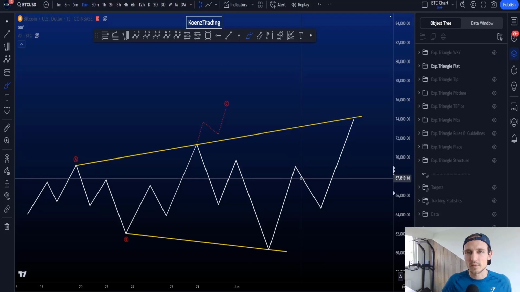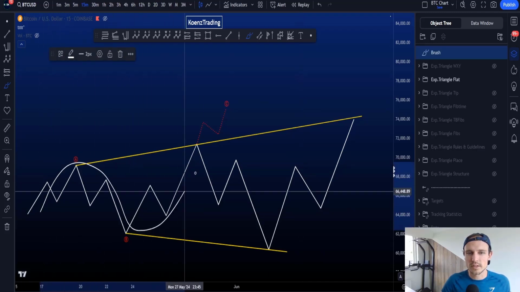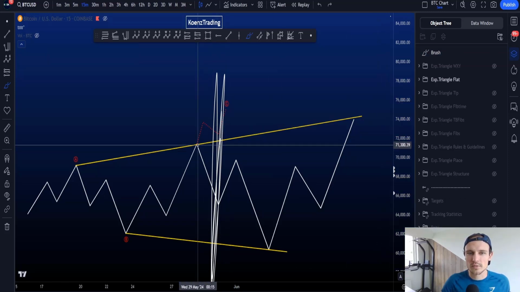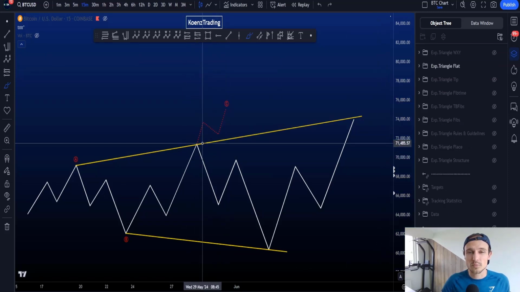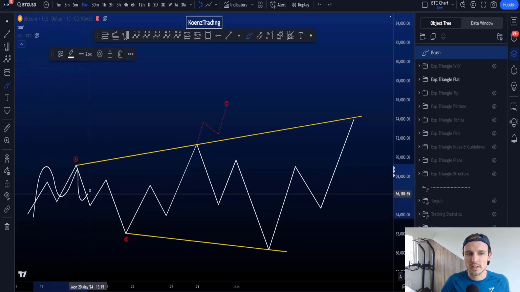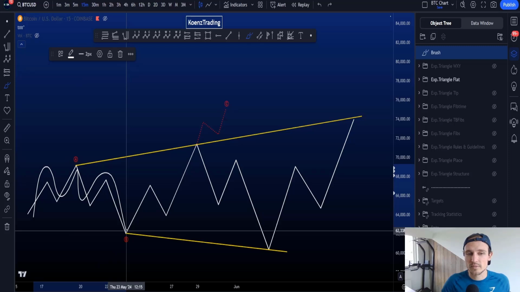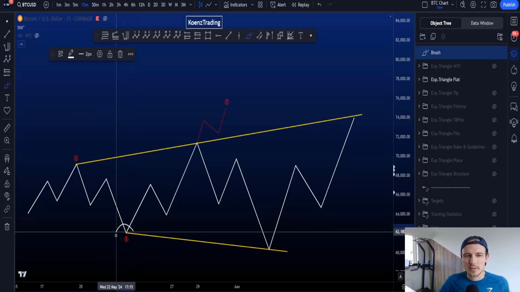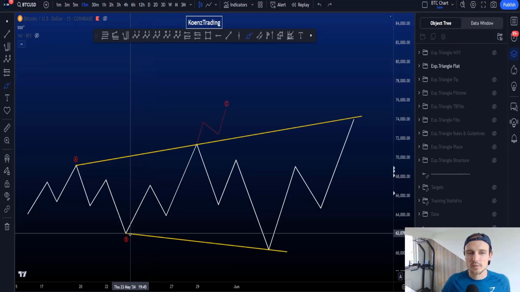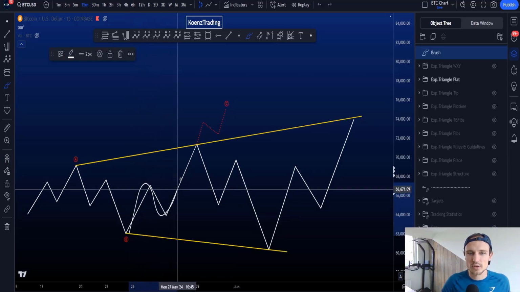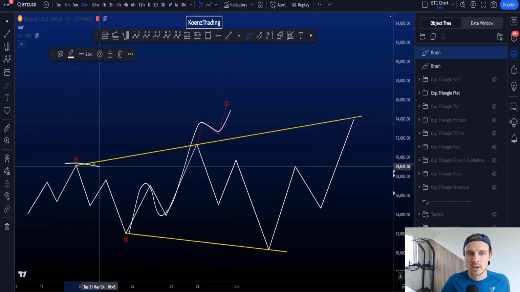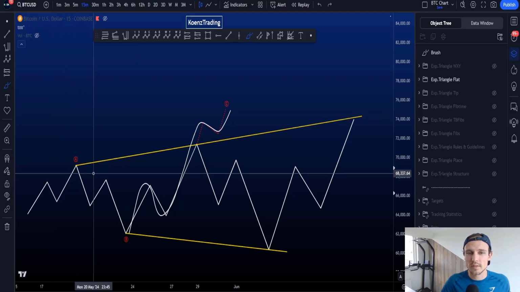If we think about a flat, we think about a 3-wave move in an ABC. So as long as you don't have any of the information after your wave C here, a flat will have the highest probability, where you have a 3-wave zigzag in your wave A, a 3-wave zigzag in your wave B of the flat, where wave B has a similar target area compared to a wave B in an expanding triangle, and then you're looking for a wave C to the upside in a wave 1, 2, 3, and then another 4 and a 5, where most commonly your wave C will end above or below the wave A pivot.